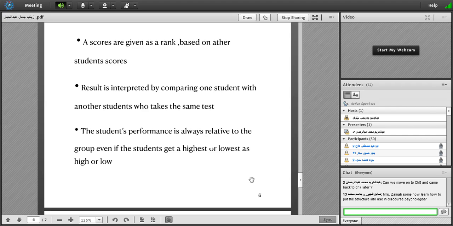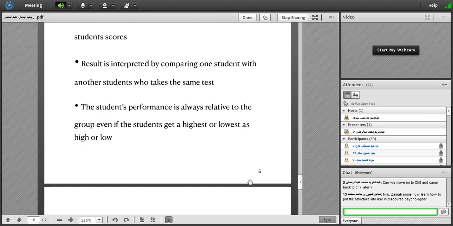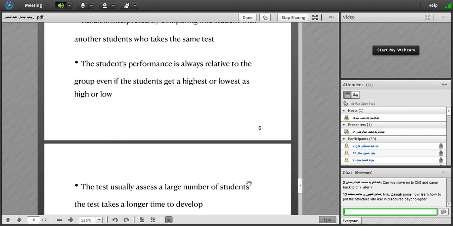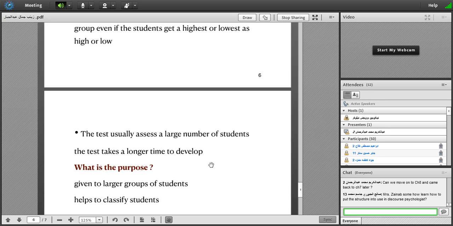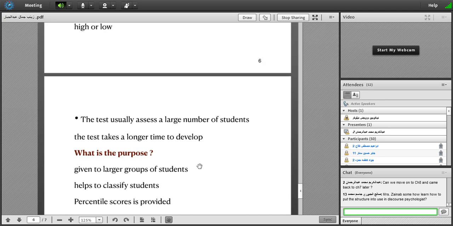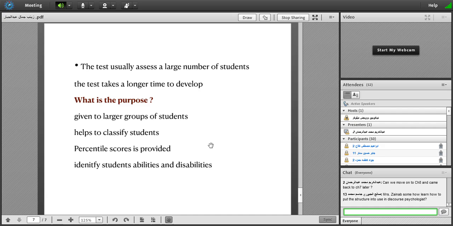So I have one student in the group of students, and I compare one student with another student in the same group. The test is for a large number of students and takes a long time to develop and complete.